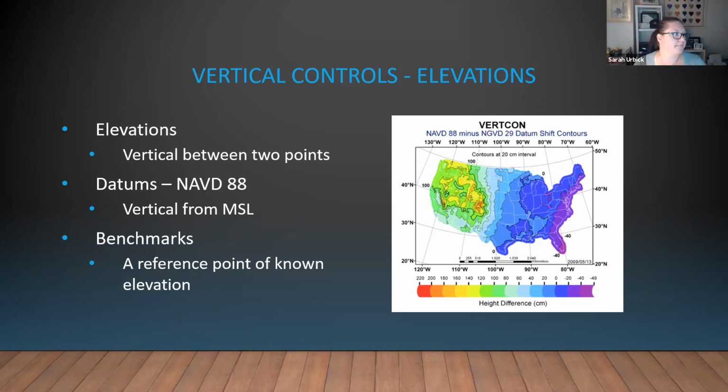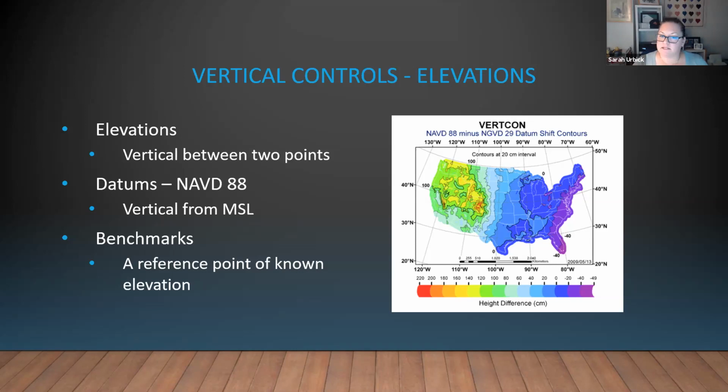How's that for fun? NAVD, the North American Vertical Datum. And they have put together a chart and a catalog of where that point is. Where is mean sea level?